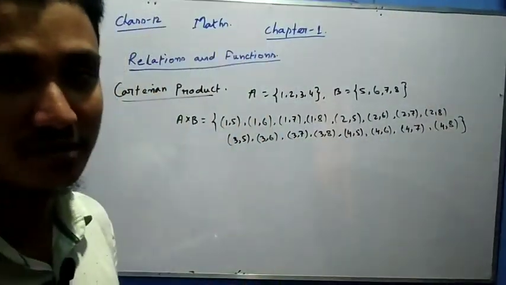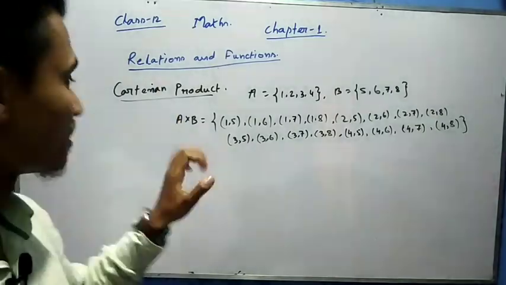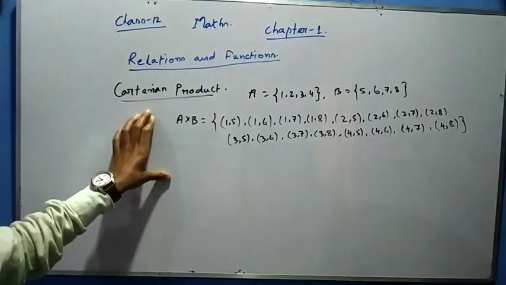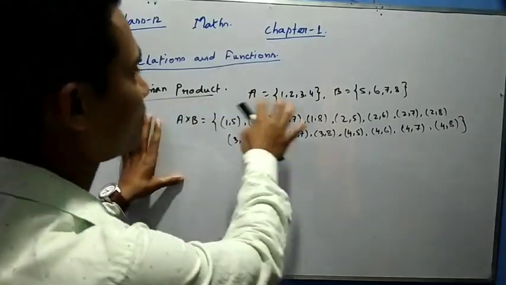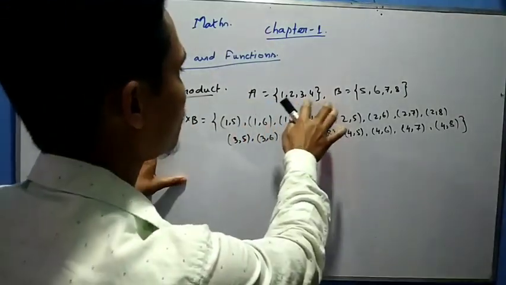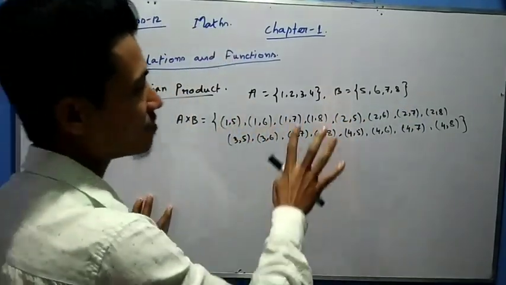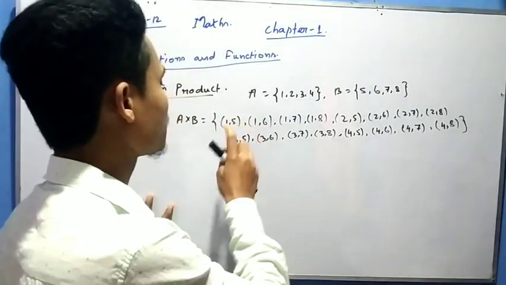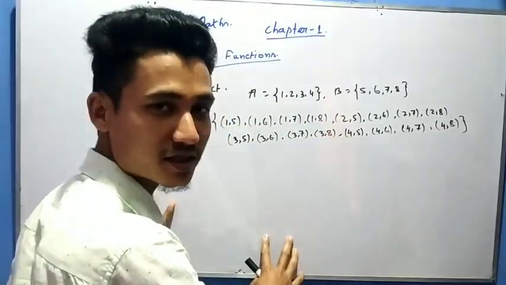So let us start. Before going to relations, first we have to know the Cartesian product. These are relevant things, so let us recall it. Cartesian product of two sets. Suppose a set A is given as 1, 2, 3, 4, and B is 5, 6, 7, 8. Then A cross B is nothing but the set of all ordered pairs whose first element is taken from the first set and second element is taken from the second set.